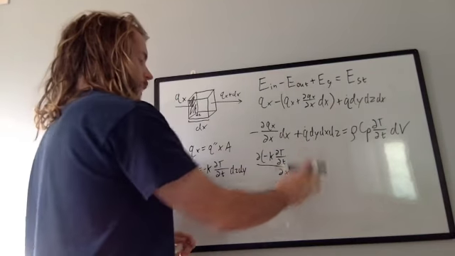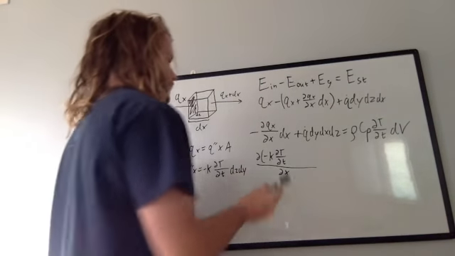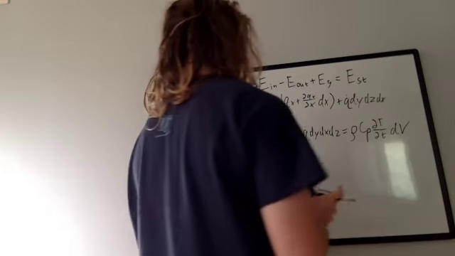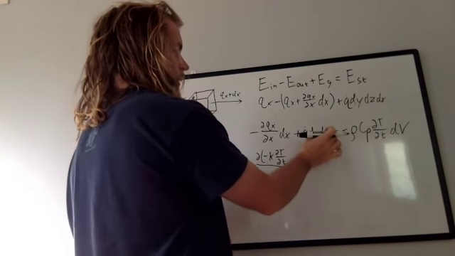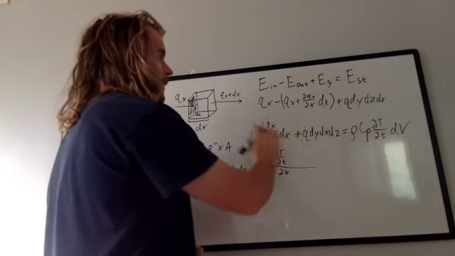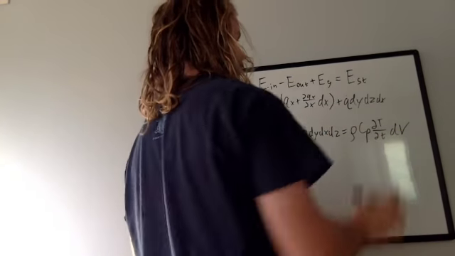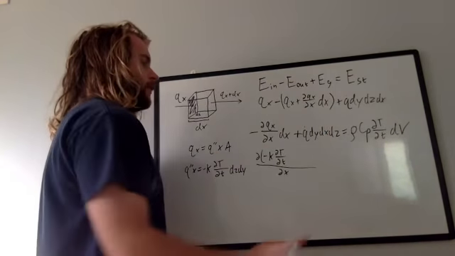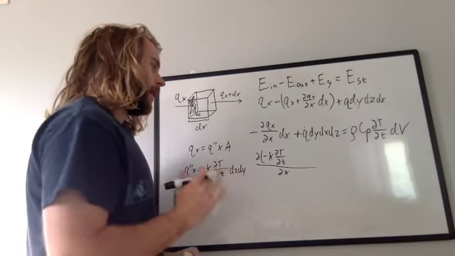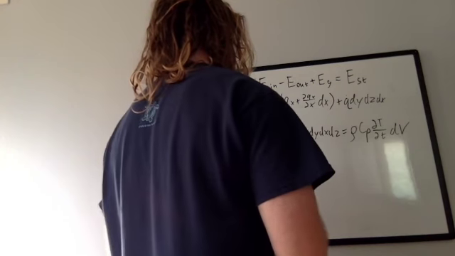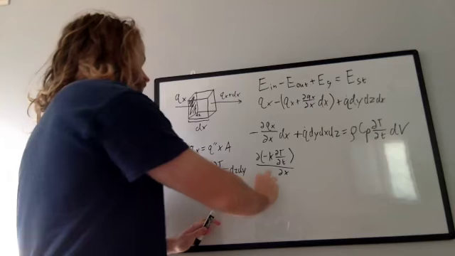So we can bring that out of our differential equation out to the front. And then once we do that, we can see that we also have another dy dx dz, which is again just a dV, and that can cancel out because we have a dV over here. So we have a dV on every part of our equation, so we can go ahead and divide everything by dV and cancel all that out. So we are not going to have to worry about that.